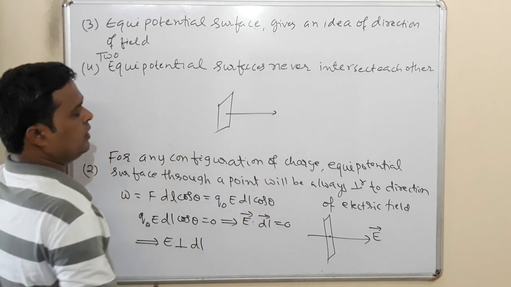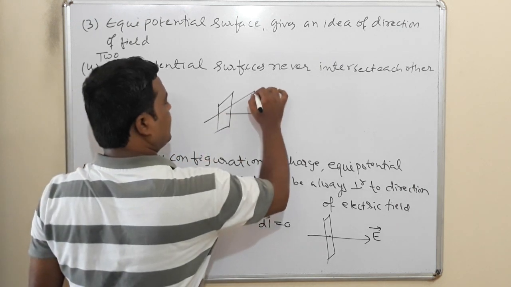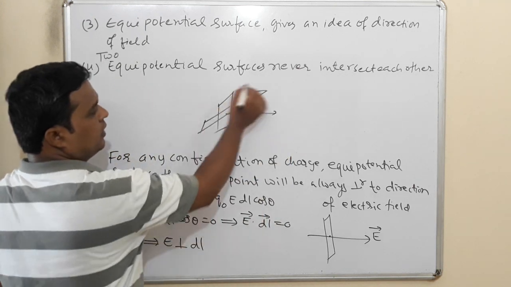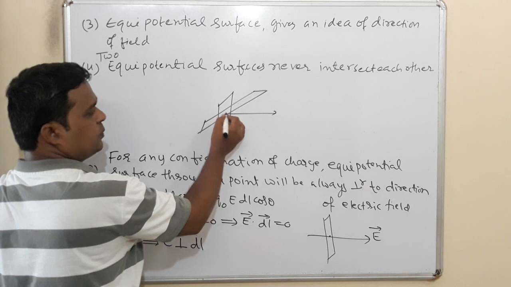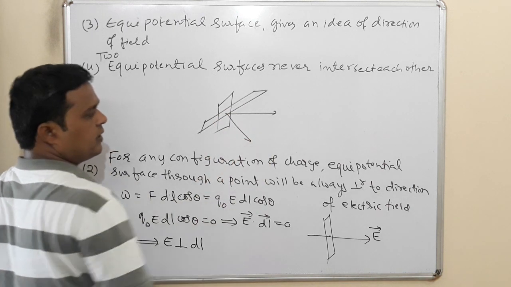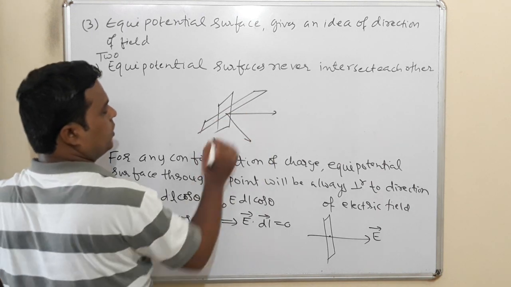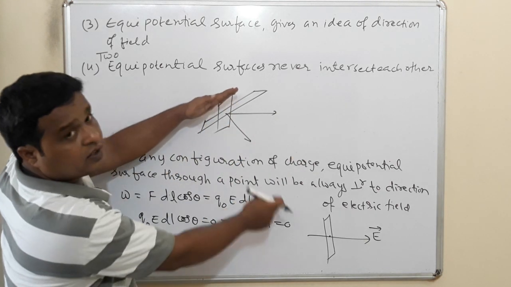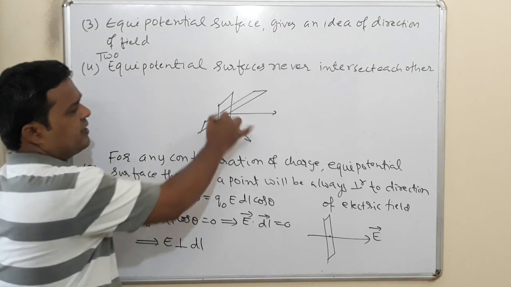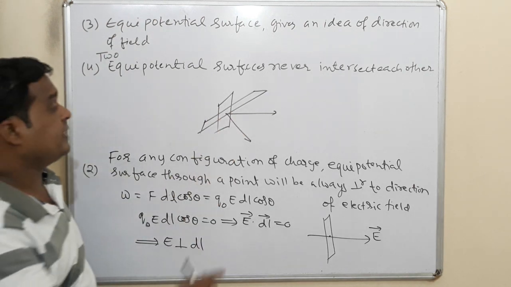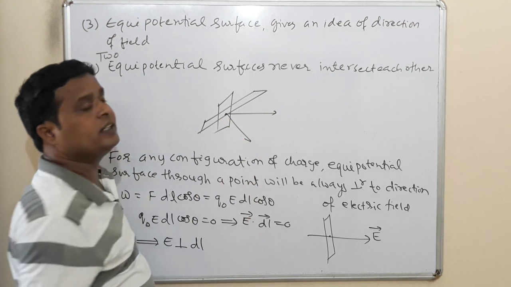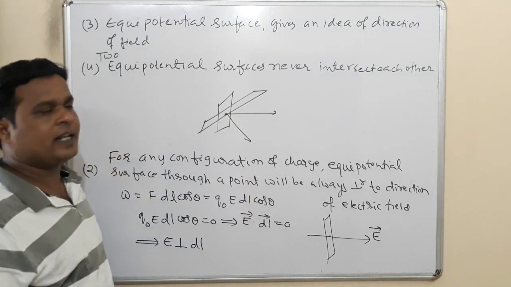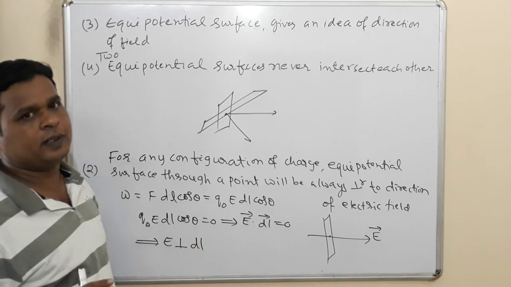If another equipotential surface intersects this at this point, then according to that surface the electric field is perpendicular to it, giving another direction. That means at this point the electric field has two directions. One vector having two directions at a point is not possible.